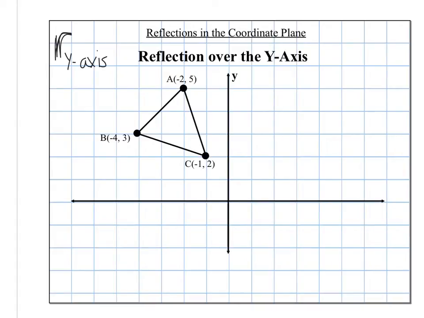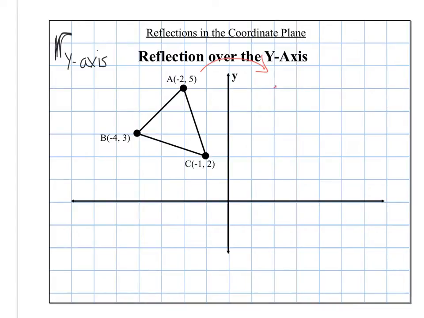We're actually going to look at 4 different line reflections in this lesson, but first we're going to look at the y-axis. So I have a triangle here ABC, and what I want to do is reflect it or flip it over the y-axis, and we don't need anything fancy to do that. Most of you should be able to do that no problem.